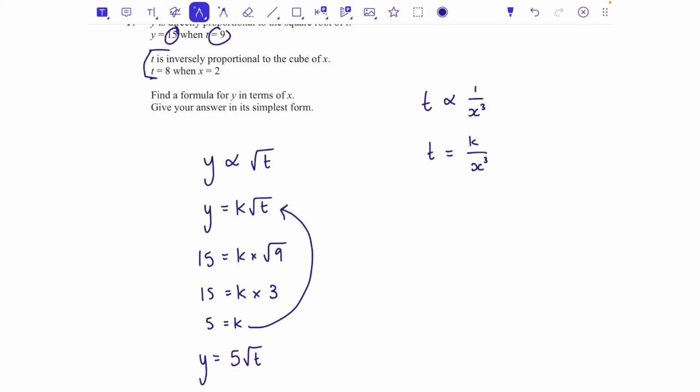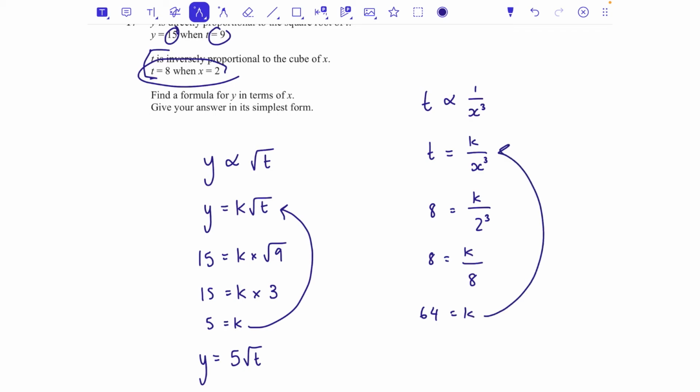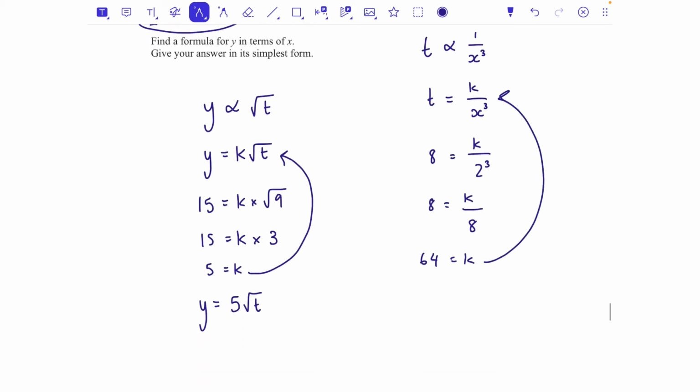We're then given the pair of values, 8 equals k over 2 cubed, that's coming from the values we've been given here, and 2 cubed is 8. So 8 equals k over 8. Multiplying that up, I get 64 as k. Going back to the second thing I wrote, I can fill that in and I can write t equals 64 over x cubed. So I've got two formulas here.